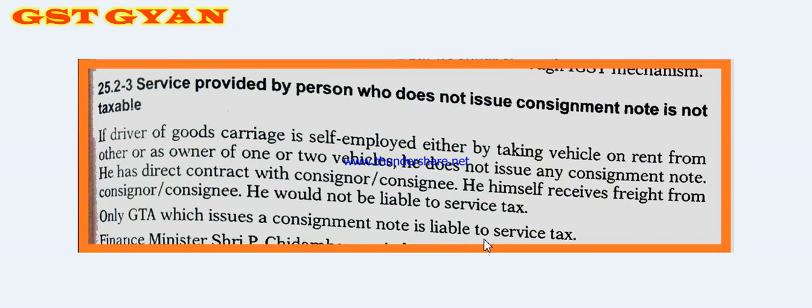If you are the owner of one or two trucks carrying chips, bricks or sand locally or in an urban area, it is not taxable if you are not a company and you are not providing the consignment note.